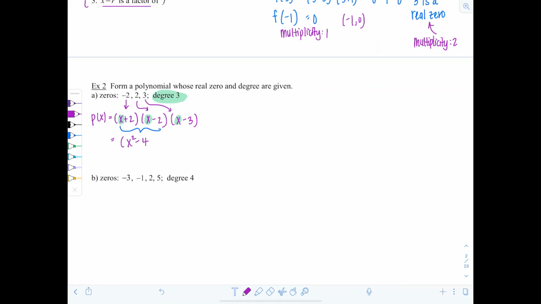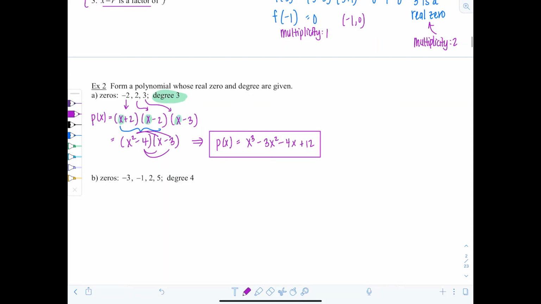So you'll have x squared minus 4, and then now it's not so bad to multiply that by x minus 3. Okay, and we'll be done in the next step. So p of x is going to equal x cubed minus 3x squared minus 4x plus 12. Voila.